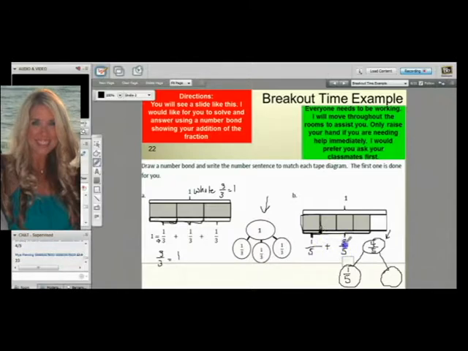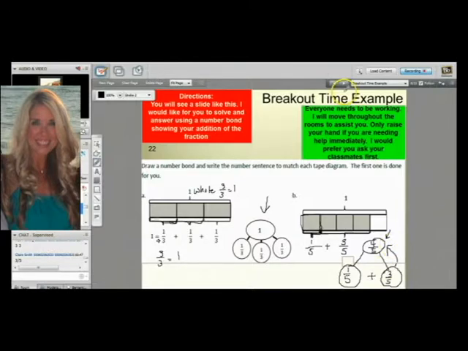So 5. Okay, super close. Alyssa, can you tell her? 3/6. The answer is 3/5. Yes, you guys. So that's what we have representing our 4/5. We have 1/5 plus 3/5, which give us our total of 4/5.